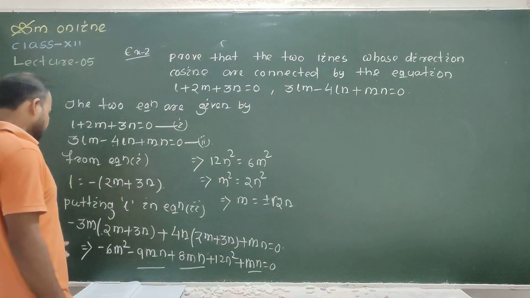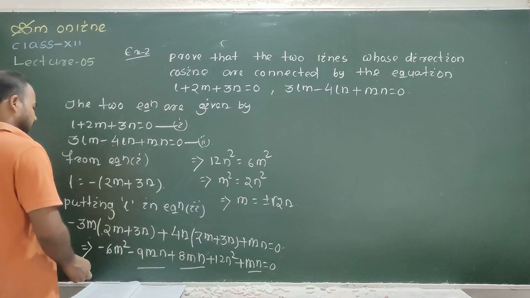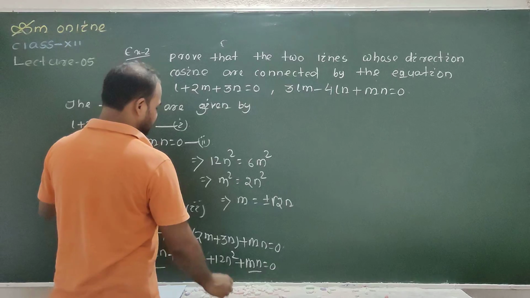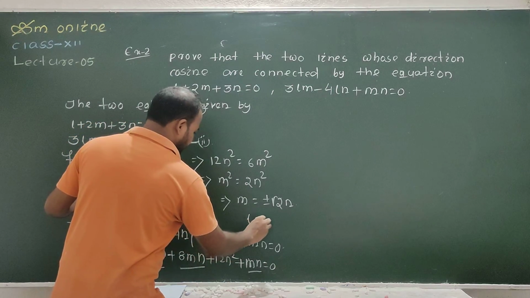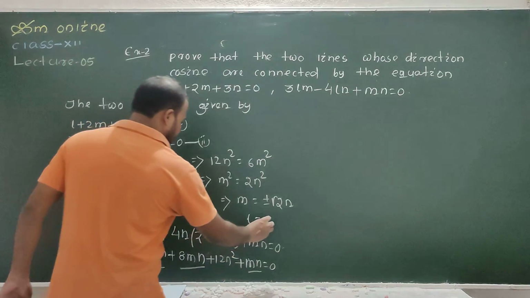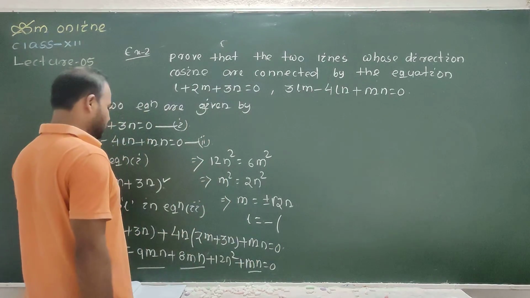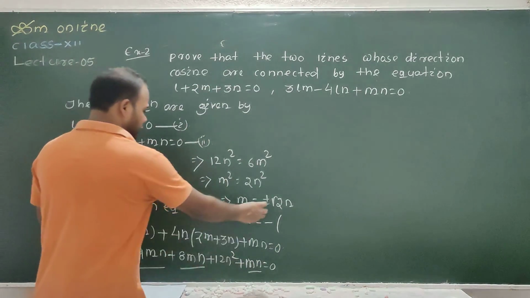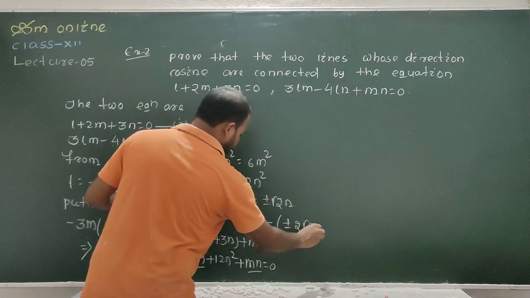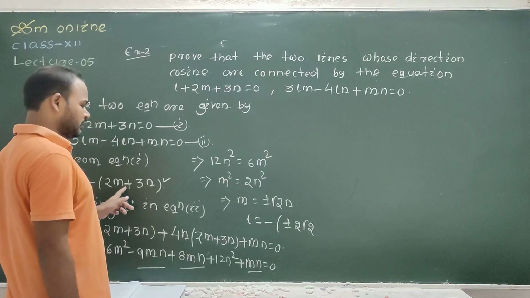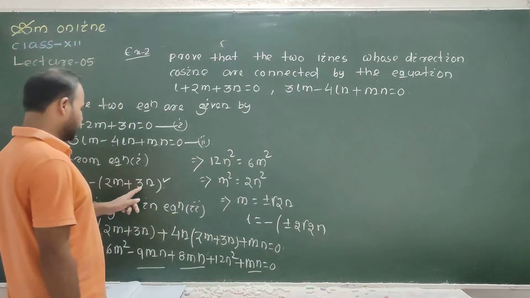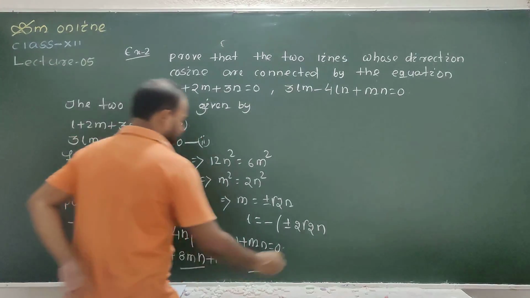Now if we find out the value of m, then we find out the value of l. So l equal to what? This is minus of 2 into m, this is 2 root 2, plus minus 2 root 2 into n, and this is plus 3 into n.